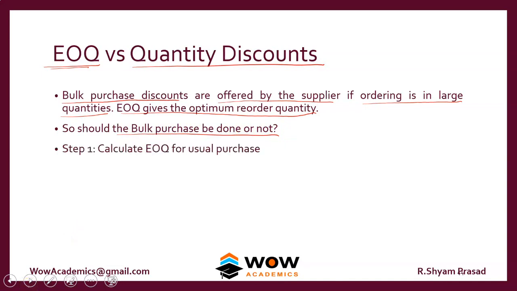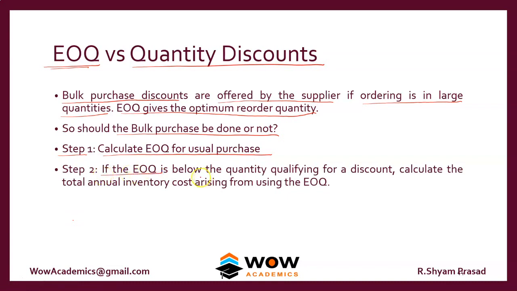For that we have some steps. Step 1, calculate the EOQ for usual purchase. If the EOQ is below the quantity qualifying for a discount, calculate the total annual inventory cost arising from EOQ. For example, the EOQ is 1000 units and the bulk units that have to be bought to get the discount is 2000 units.